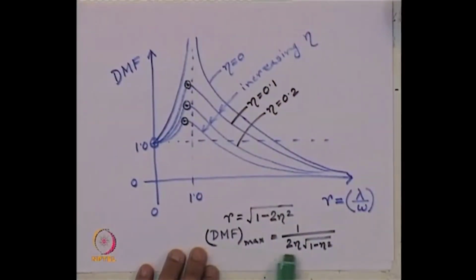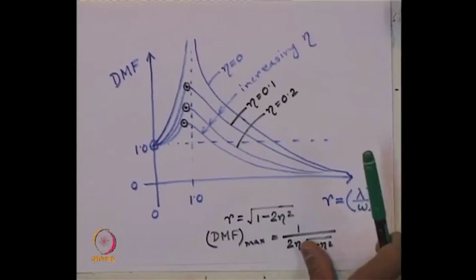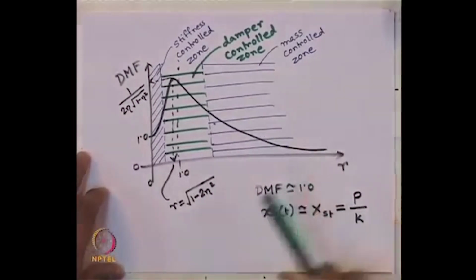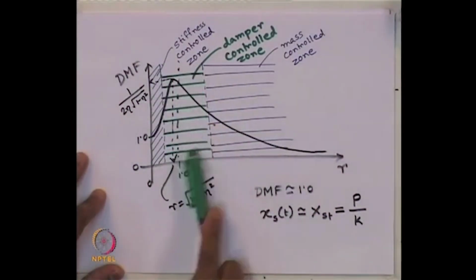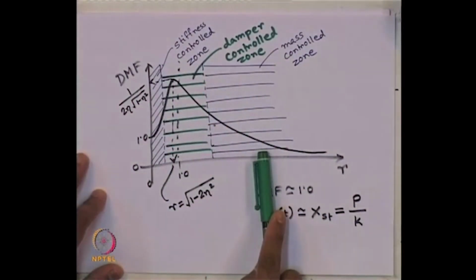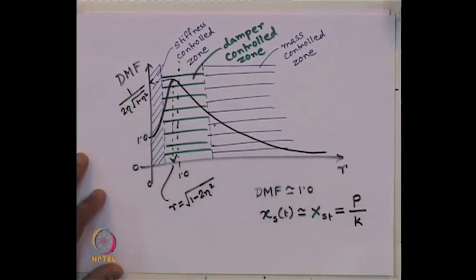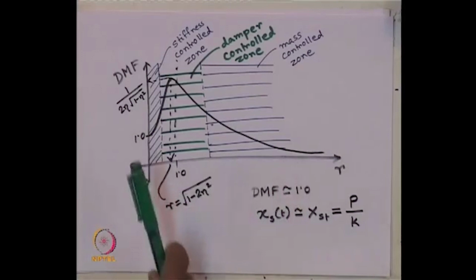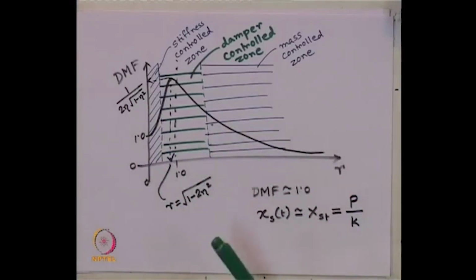That is why DMF max is a function of your damping ratio only. So, these are the basic 3 regions, which are called stiffness controlled zone, damper controlled zone and mass controlled zone in the variation of DMF versus R. Later on, when we take up the actual design of machine foundation, we will see how by controlling these 3 we can get a better response.